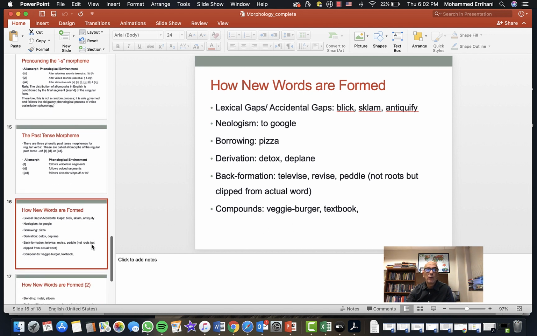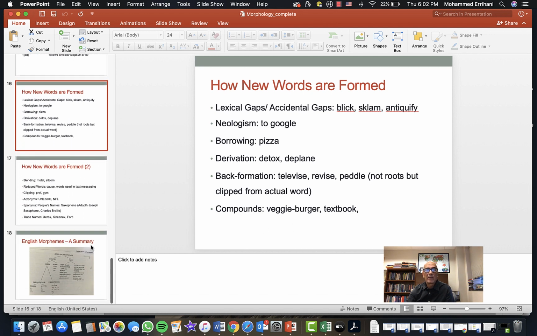Now we're going to move on to the second part of this lecture, which is about how new words are formed in English. And this is something that the textbook discusses as part of morphology.